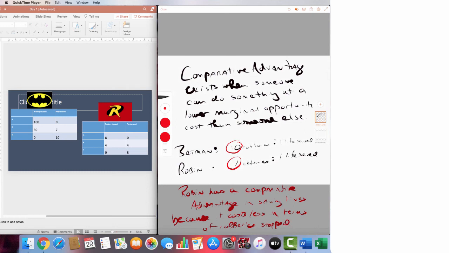It costs him less. So Robin, while he doesn't do as much of it as Batman, he does it more cheaply. He doesn't give up as much. Robin has a comparative advantage. This is amazing. He's better at something than Batman, at least in terms of cost.